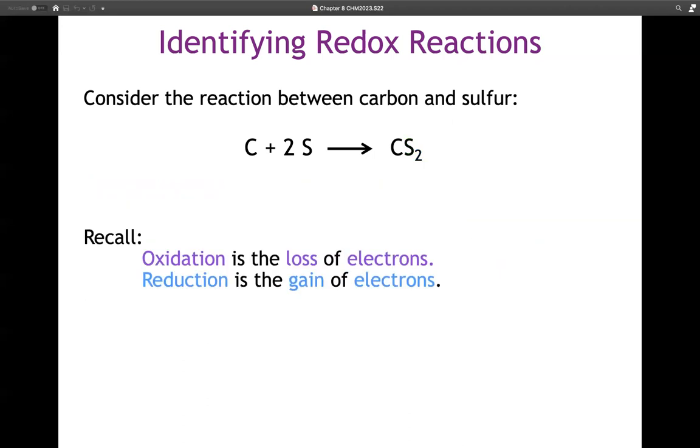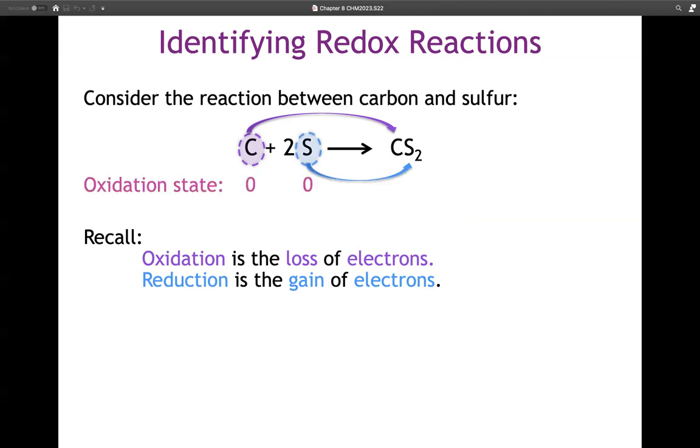Remember, oxidation is the loss of electrons and reduction is the gain of electrons. So you take a look at the oxidation state of the same atom in the reactant side and in the product side, for carbon and for sulfur.